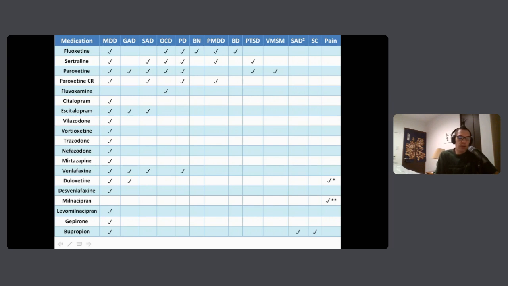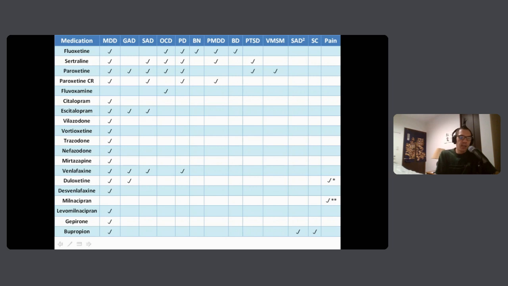They're also the two oldest medications on this list. They've been around a long time, patents expire, and companies are still trying to make money. They're like, "Oh, let's do a study on bulimia nervosa. Oh, we found that it's statistically significant. Now I can say fluoxetine, the only treatment for bulimia nervosa."